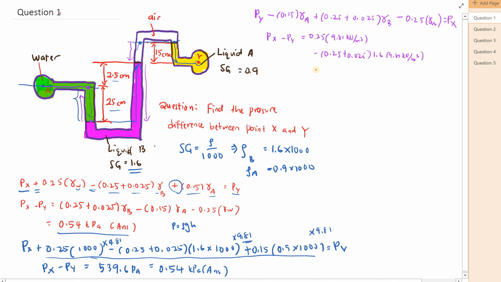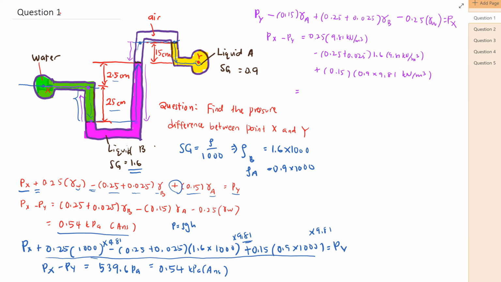And then you plus 0.15, gamma for the liquid A is 0.9 times 9.81 kilonewton per meter cube. You solve for this equation. This will give you negative 0.54 kilopascal.